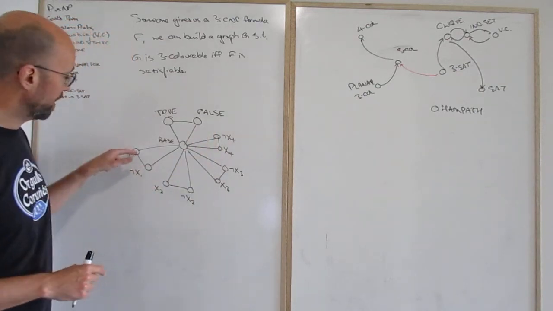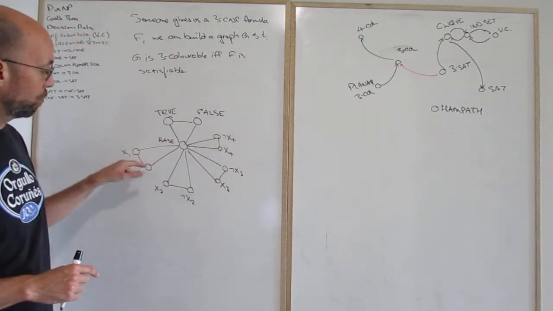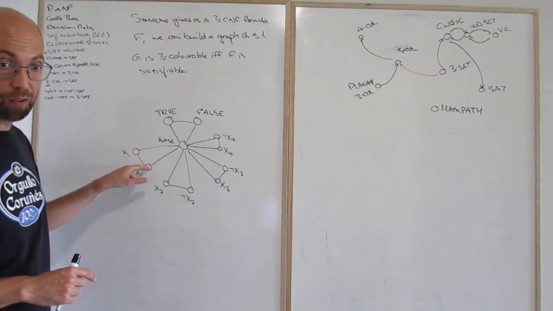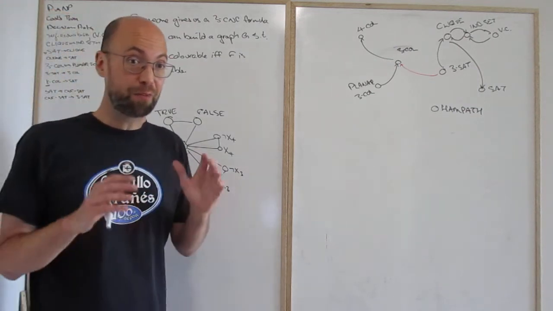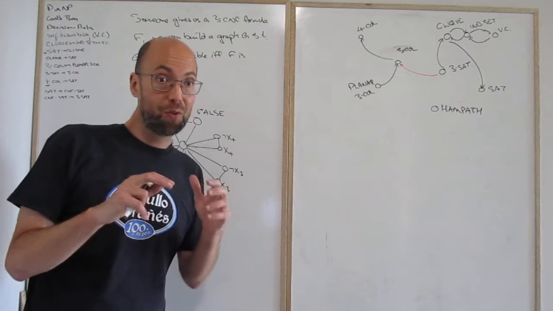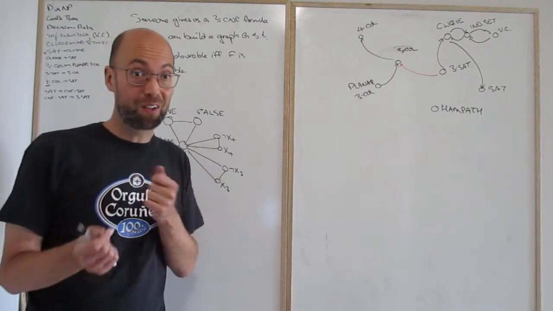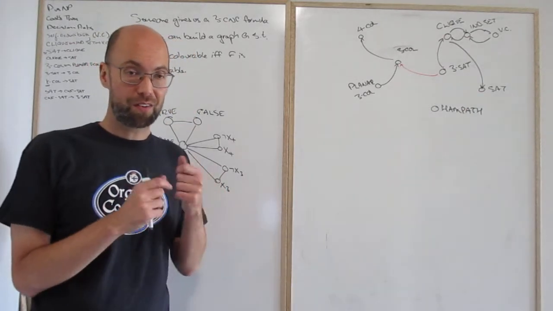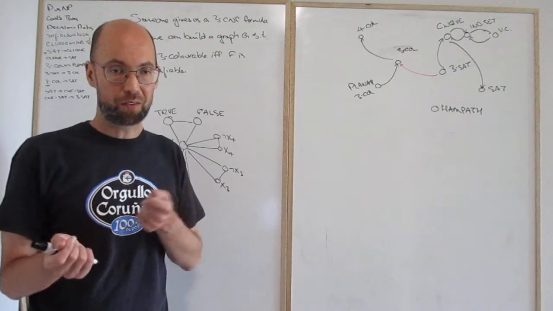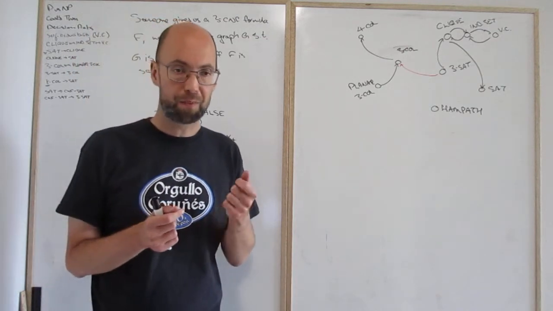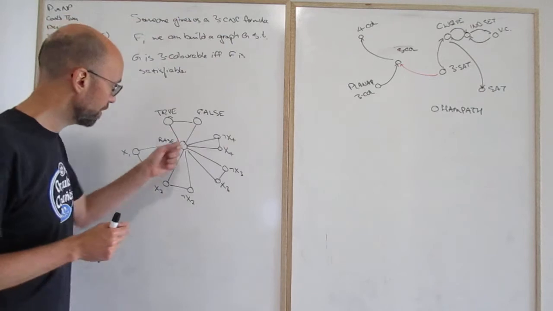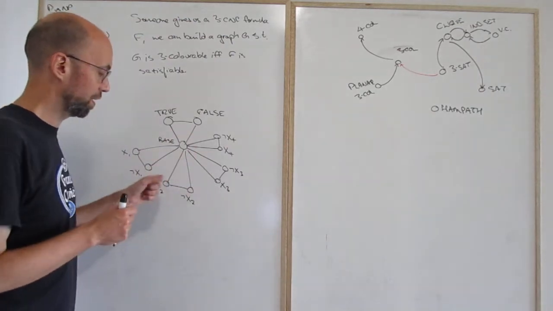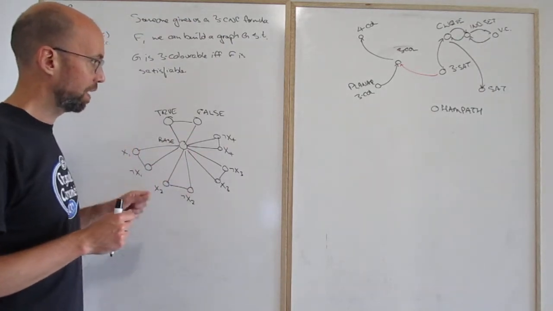So one of them has to be the same color as true, and one of them has to be the same color as false. So that's sort of forcing us to color our literals. Literals are positives and negatives of the variables. That's going to make us color these things correctly.